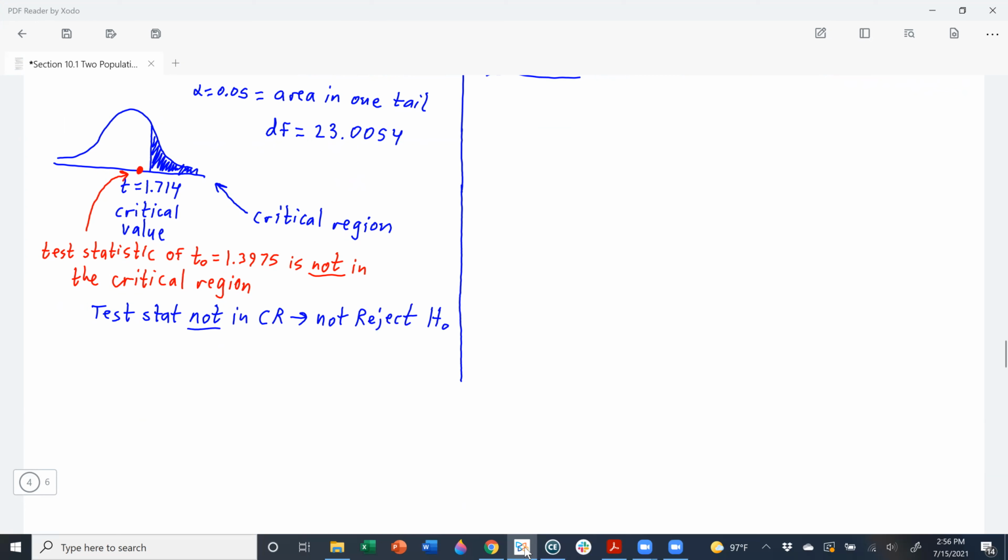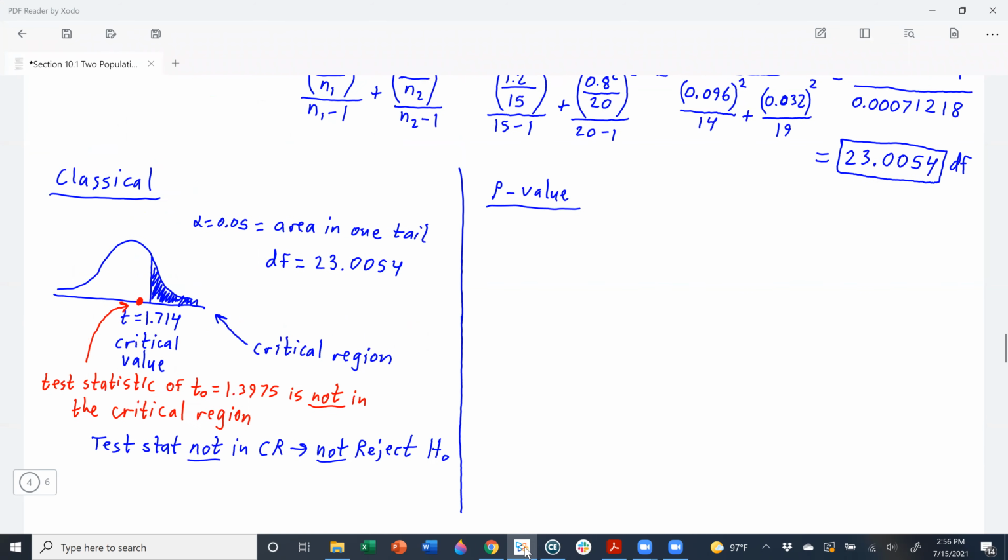So not in the critical region means not reject. Okay, so we have our decision right there already, but like I said, p-value moving forward, the p-value method is going to be the preferred method. And the homework problems are typically going to ask you for a precise p-value, which we're going to need some form of technology to get. Okay, but let's go ahead and work out that p-value method and make sure that we get the same decision.